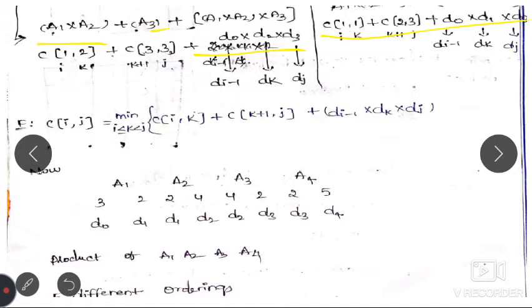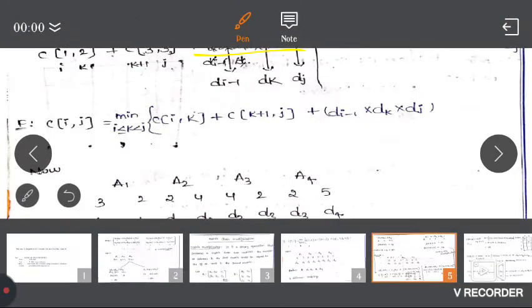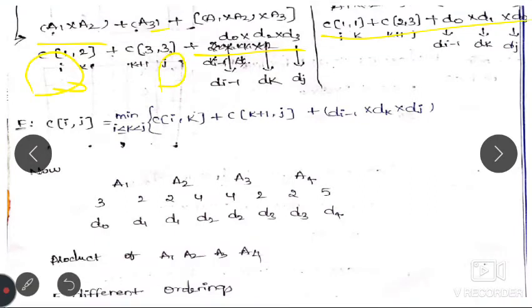So here we have 1, 1 and here 3, 3. These are put as I, J. Here I value is 1 and J value is 3. Here these values are different: 2, 3 and 1, 2. So we put it as K. This is K, 2, and this is K plus 1, 3.